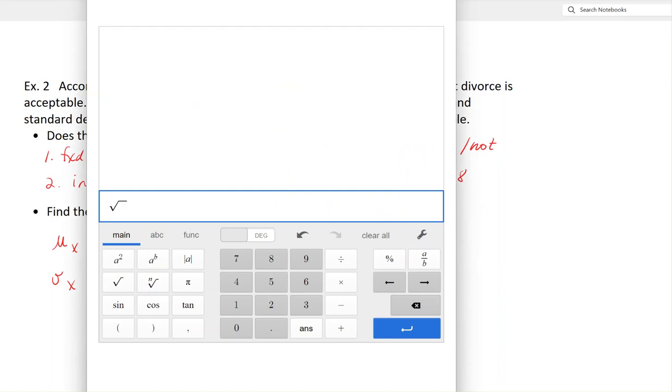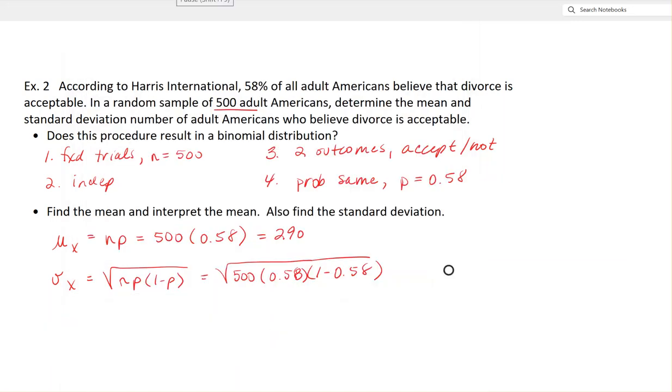So I'm going to take the square root of 500 times 0.58 times, and I can just put a parentheses here, 1 minus 0.58, close my parentheses, and you'll see that I have approximately 11 for my nearest whole number. So back over here, I have found that to be 11. So I have both the mean and the standard deviation calculated.